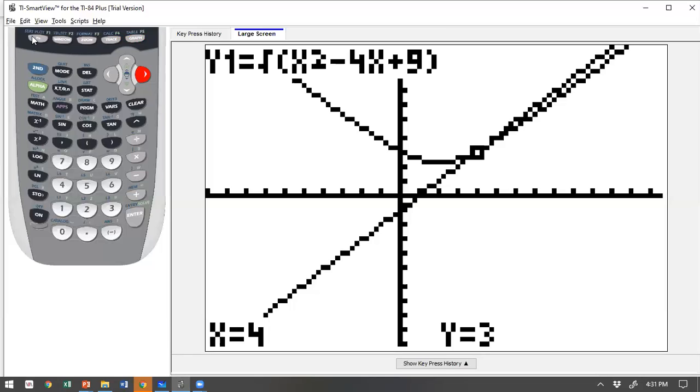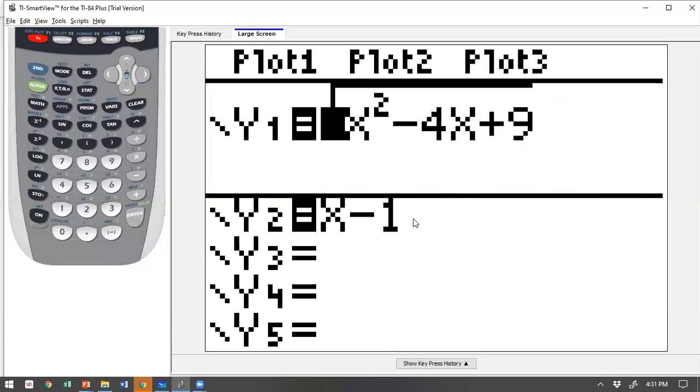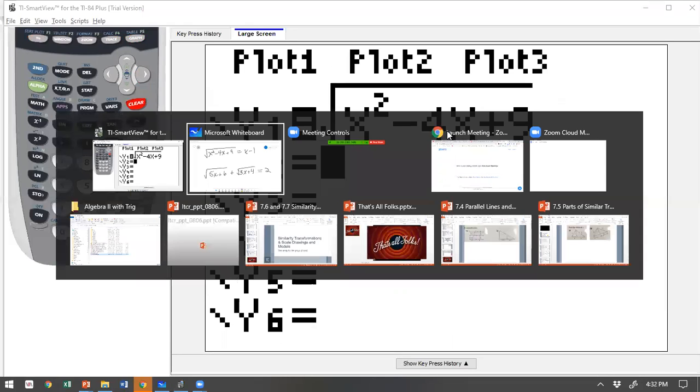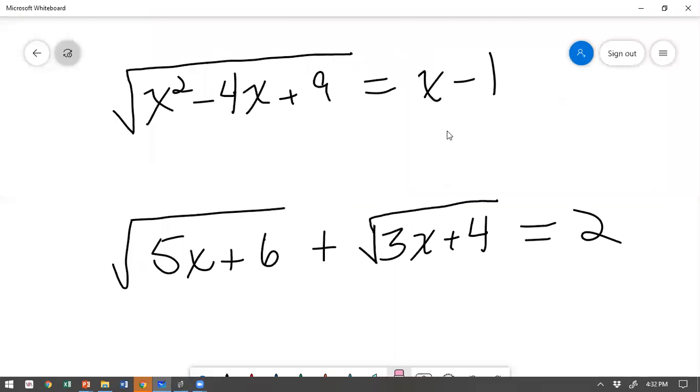We're going to clear this out, and we're just going to end up with the left-hand side of our equation. We're going to make this equation equal to 0.